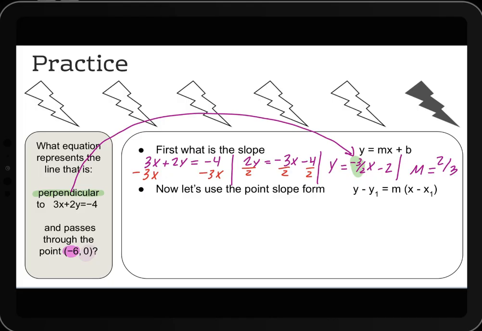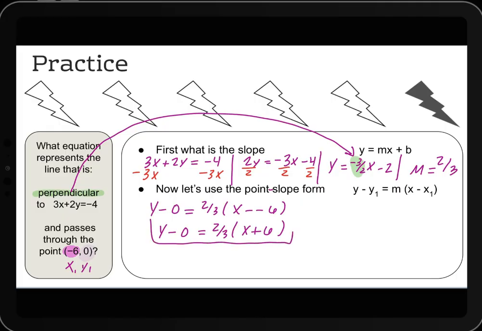So now that I have my point, my x1, y1, I can go ahead and find my point slope form first. So we have 2/3 and then we have x minus -6. So that's going to get me y minus 0 equals 2/3 times x plus 6. And this is my point slope form right here. That's one of the correct forms.